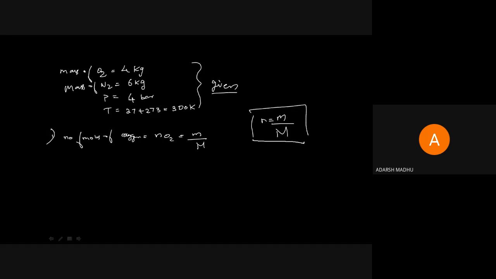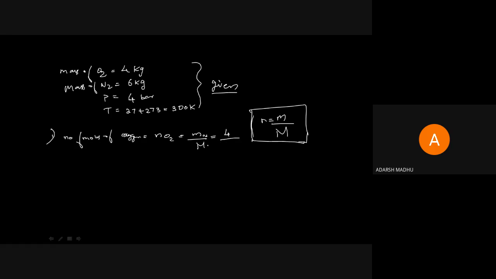This is a very important formula. The equation for number of moles is n equal to small m divided by capital M. So n O2 means m O2 divided by molecular weight. This mass of oxygen, 4 kilogram, is given.